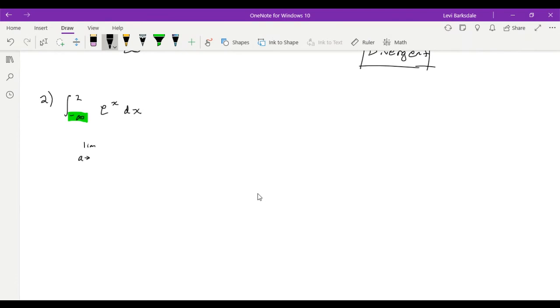We have the limit as a goes to negative infinity, integral from a up to 2, e to the x dx, which is of course equal to the limit as a goes to negative infinity of e to the x from a up to 2, which is e squared minus the limit as a goes to negative infinity of e to the a. And the limit as a goes to negative infinity of e to the a is 0.